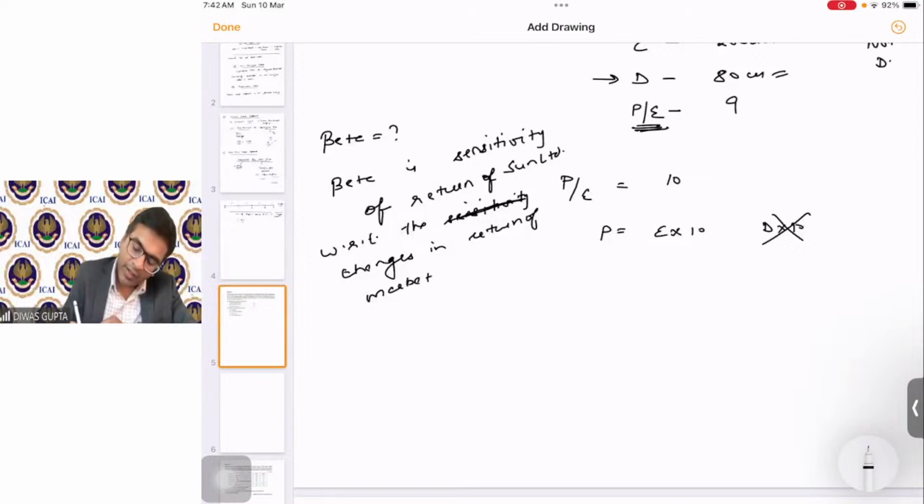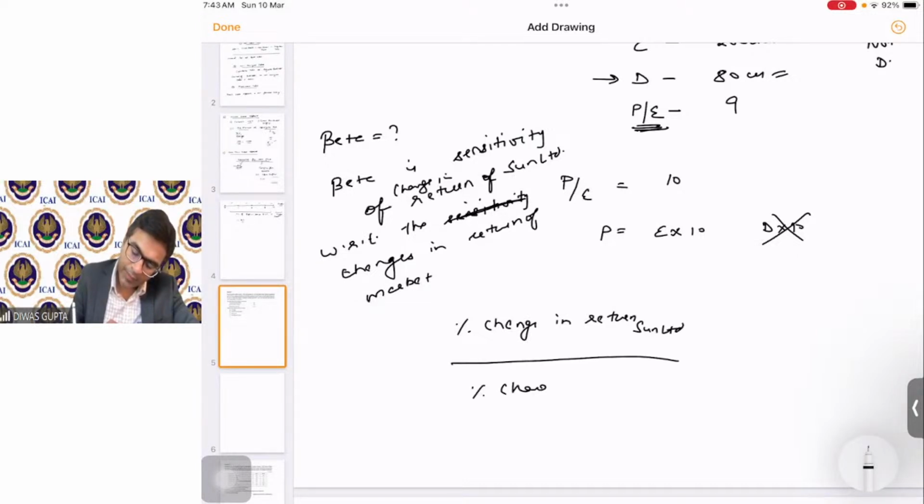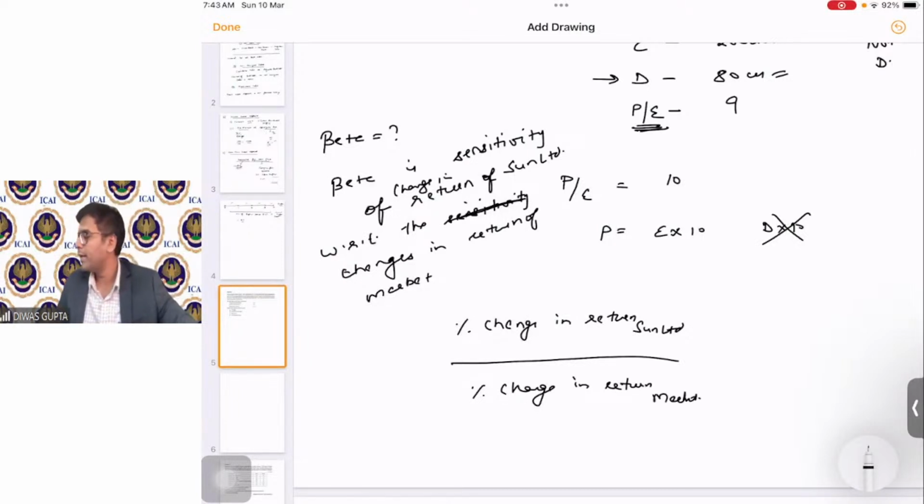Beta is sensitivity of changes in return, I can say. So beta is sensitivity of changes of return of Sun Limited with respect to that of the market. That means percentage change in return of Sun Limited divided by percentage change in return of the market. Agreed, students? Yes, very nice.